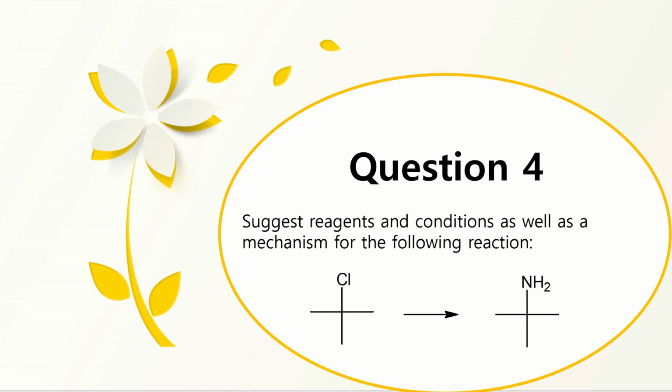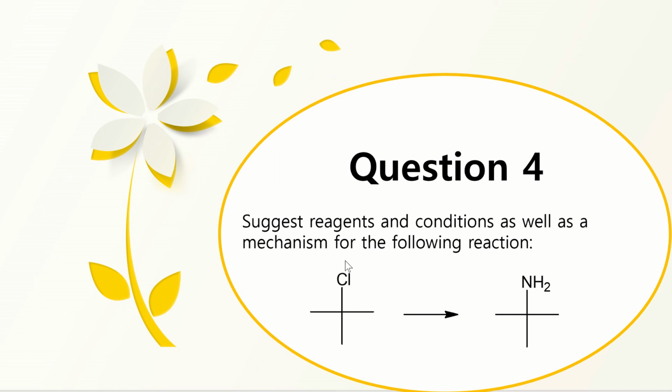Okay, so that leads us to question 4 now, which says suggest reagents and conditions as well as the mechanism for the following reaction. And if you said, didn't I hear those words already? Well, you did, but for another question. So here we have our alkyl halide and we have our secondary amine. Something should look familiar to you.